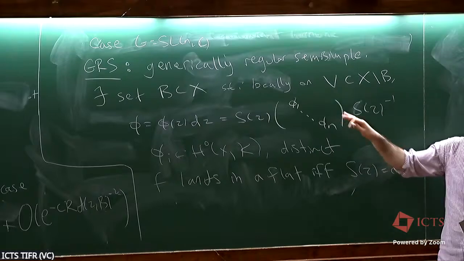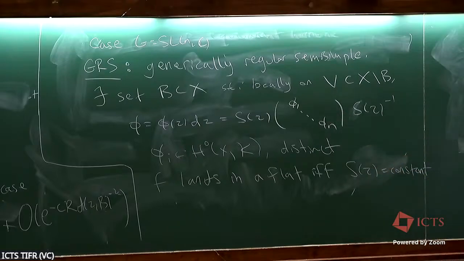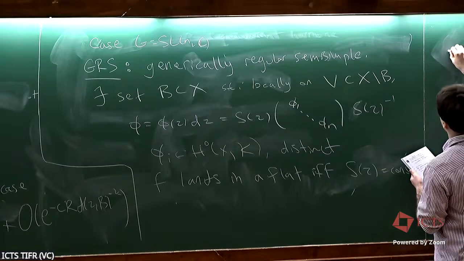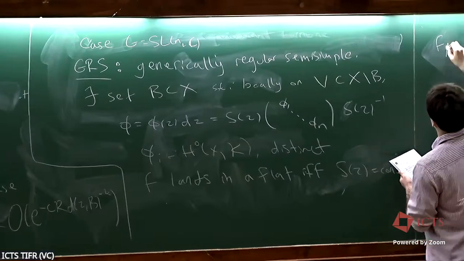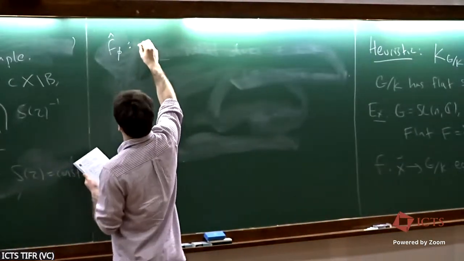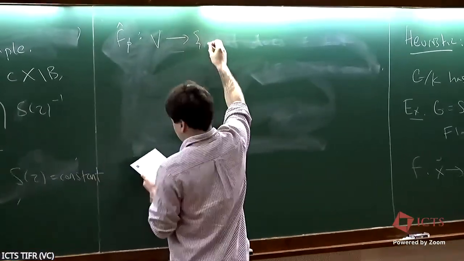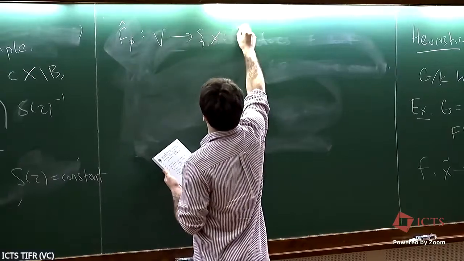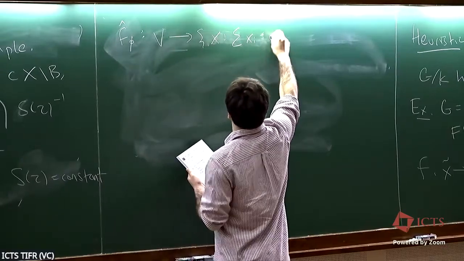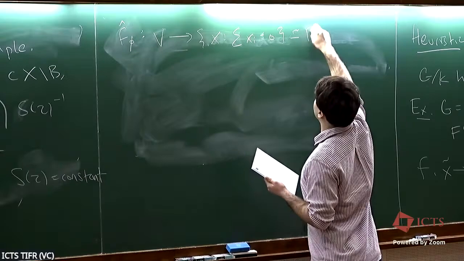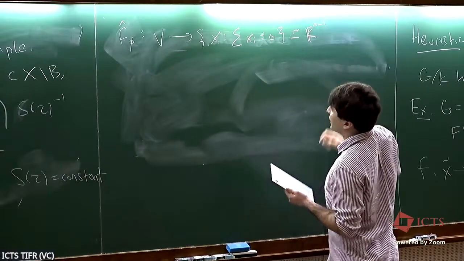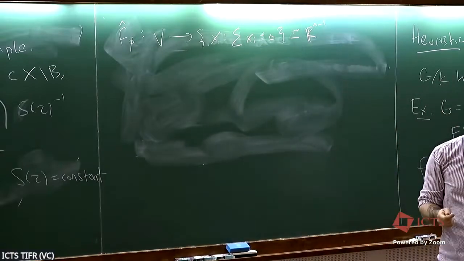If this were constant, then F would just be on the nose inside that flat. That shouldn't be true in general, but it gives us something to compare F to, a harmonic function. So locally, we could define, I'll call it F phi hat, from V to this hyperplane in Rn, which just identifies with R^(n-1), and here n minus 1 is the rank of SLN.